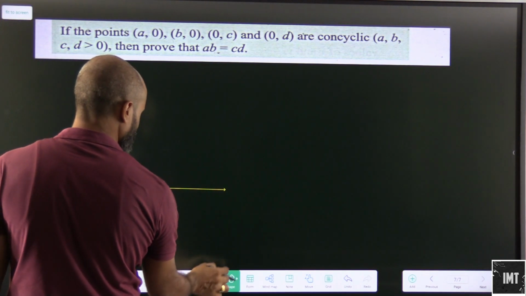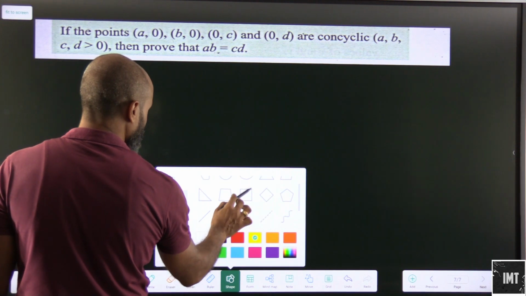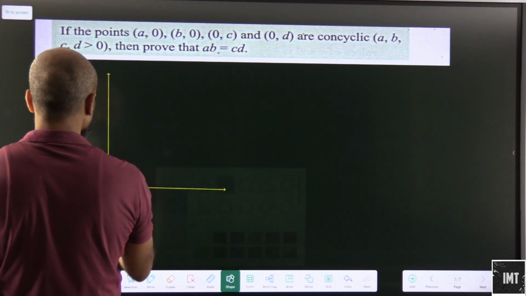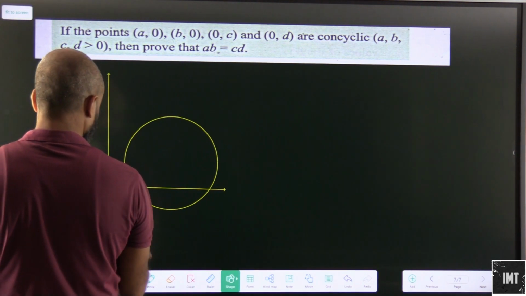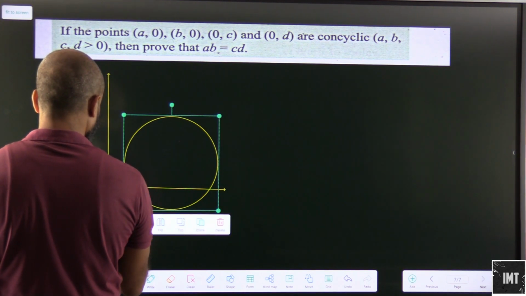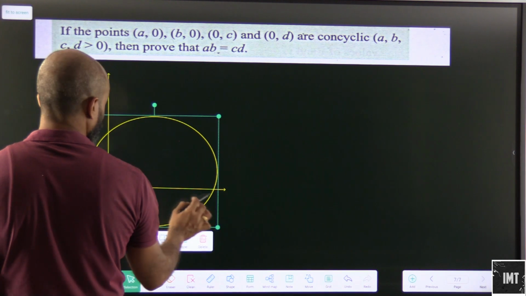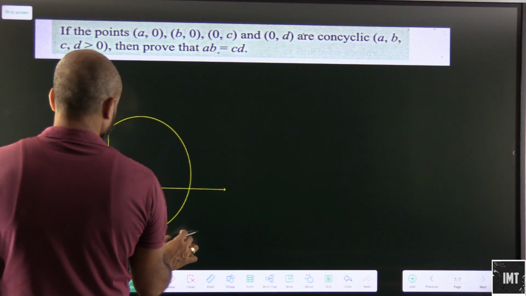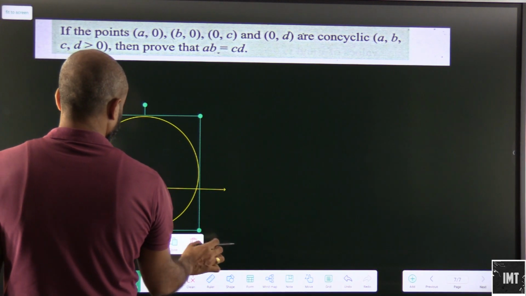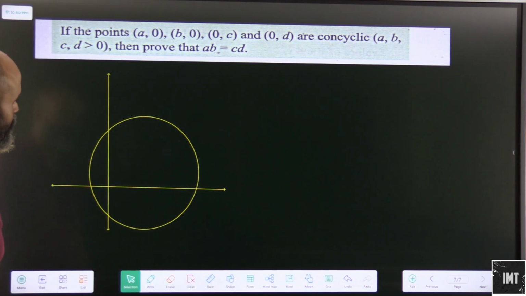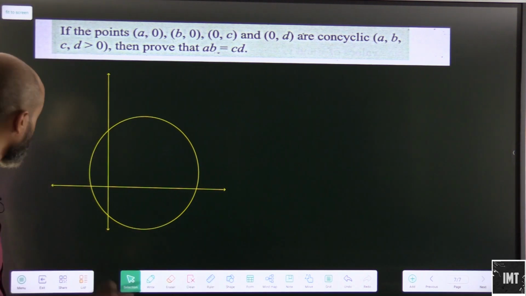Let's draw a circle here about this point. Okay, so this is basically a circle that is drawn.